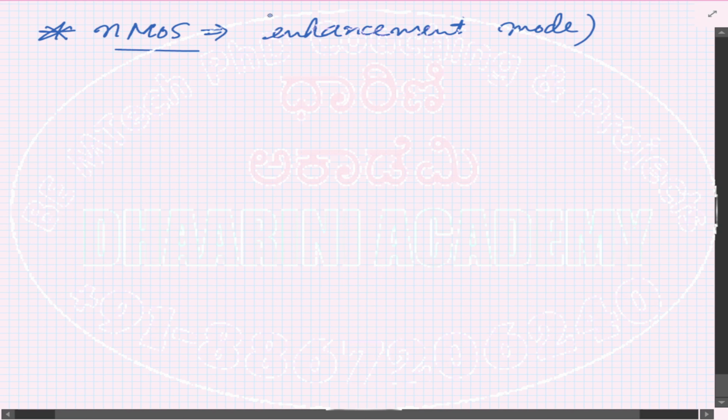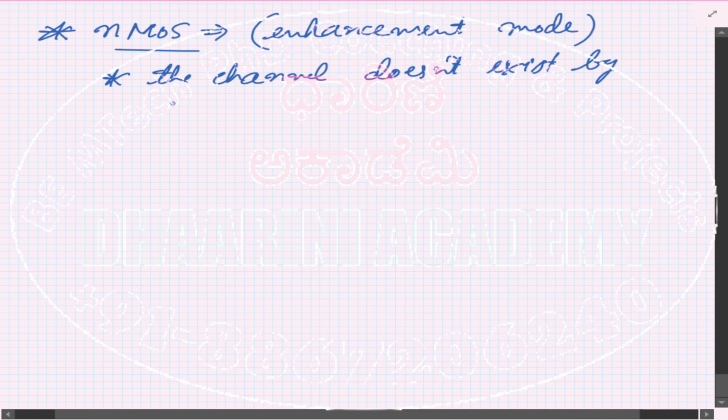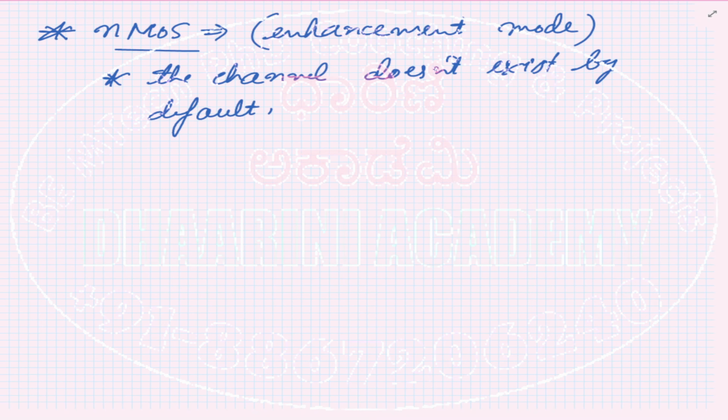Enhancement mode, right, where you see that the channel does not exist by default. By default, in the sense, as you purchase the device from the vendor, you see that there is no channel.